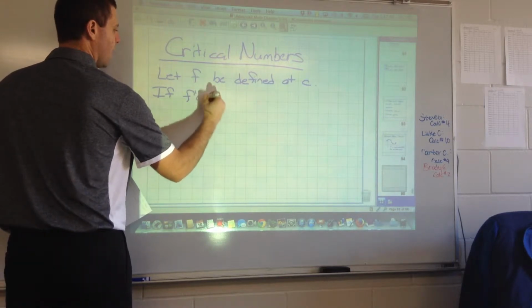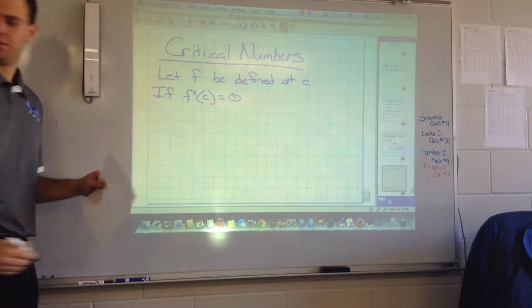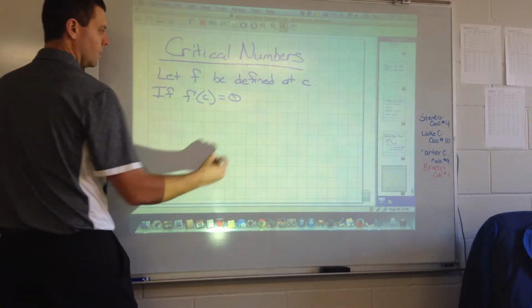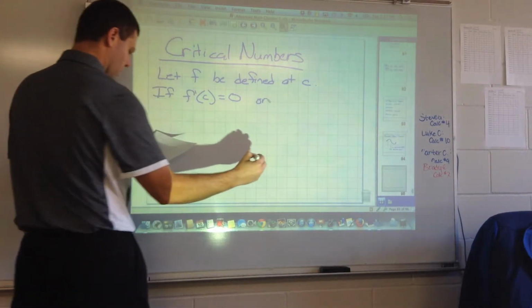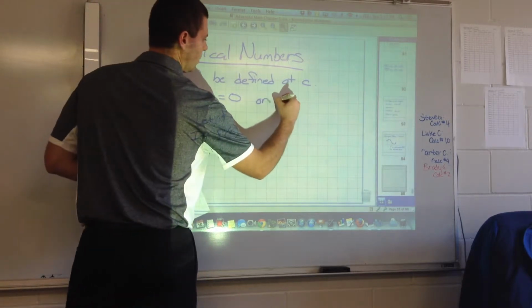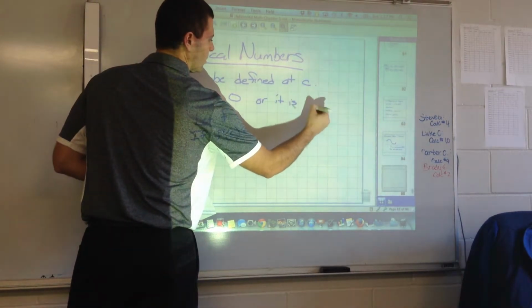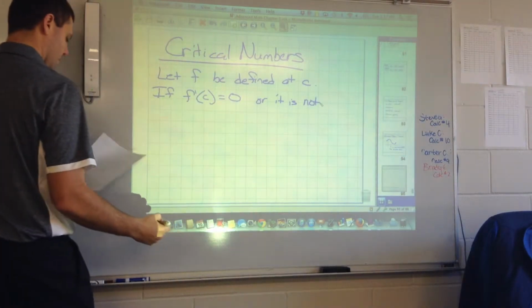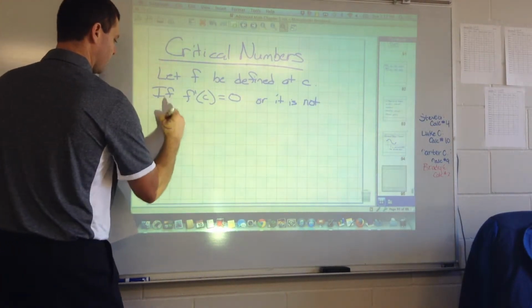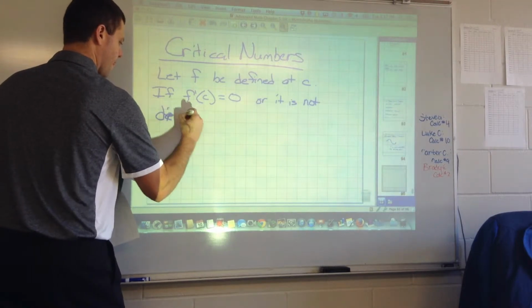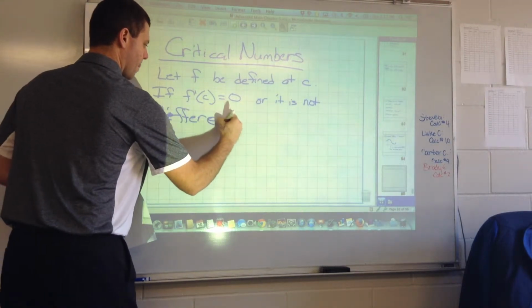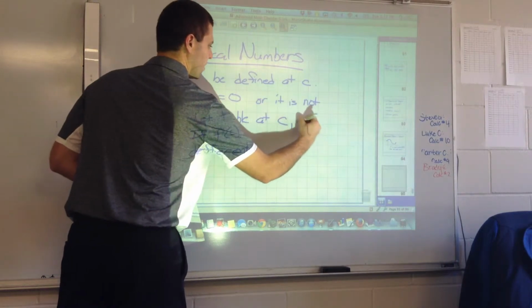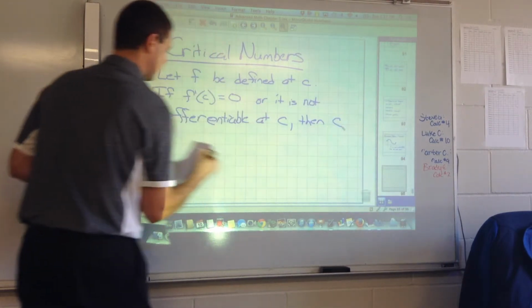If f prime of c equals 0, or it is not differentiable at c, then c is a critical number.